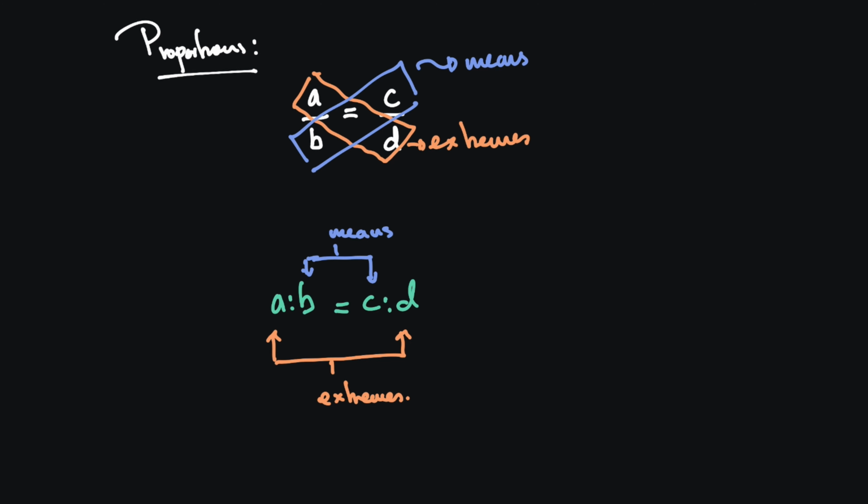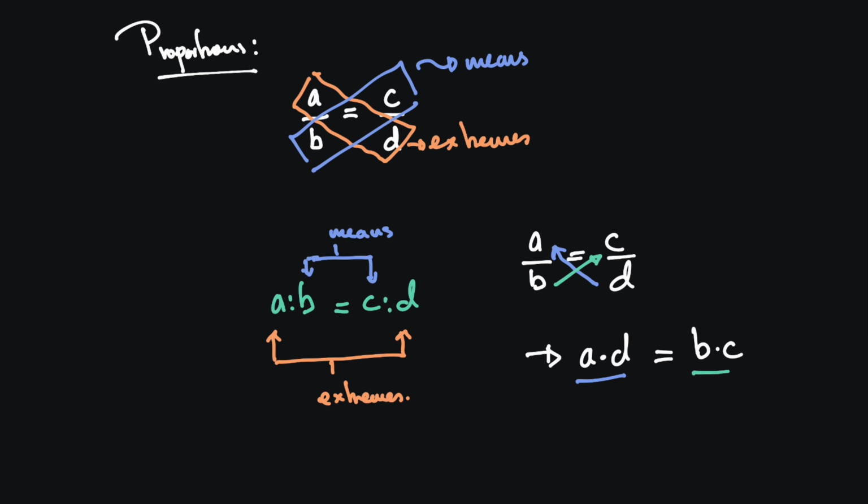What it states is that if you have a ratio like A to B equal to C to D, you can check if the ratio is true if we get that A times D, so if you multiply the extremes, is equal to the product of the two means, so B times C. All right, what we did is basically this: A times D, this part, is equal to B times C, this part.